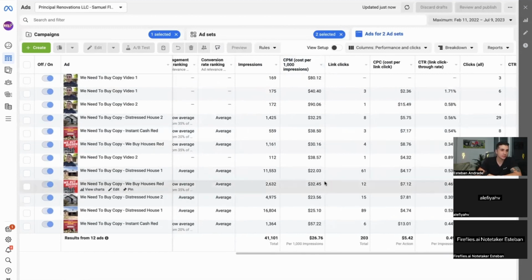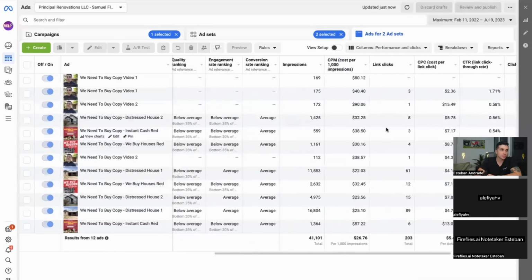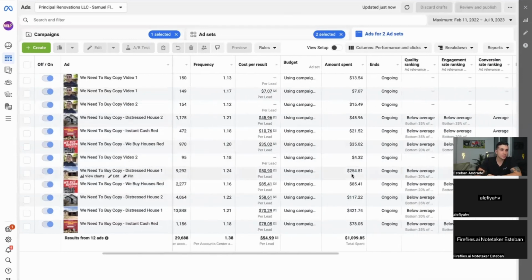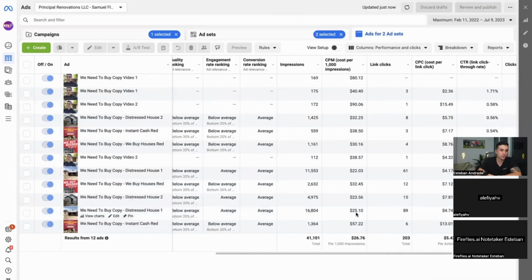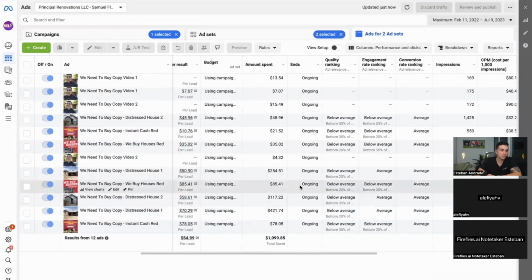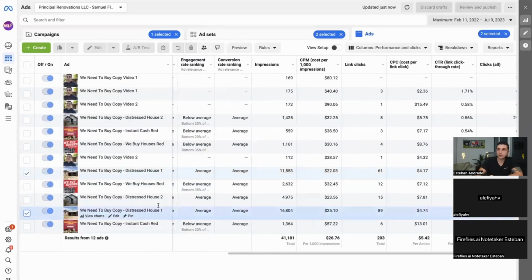This one is $32,000, and the one that has spent the most money so far has been this one and this one. So for this one we have a lot of data, $25 and $22. Now we have more and more data to look at, this one right here and this one right here.